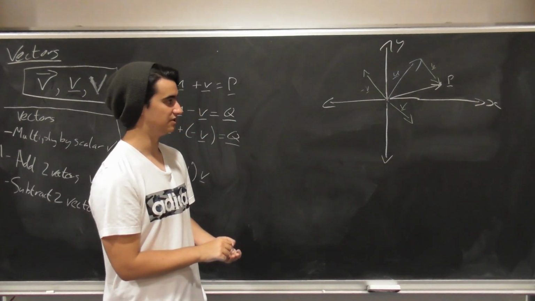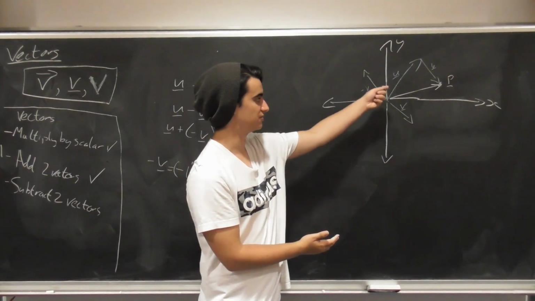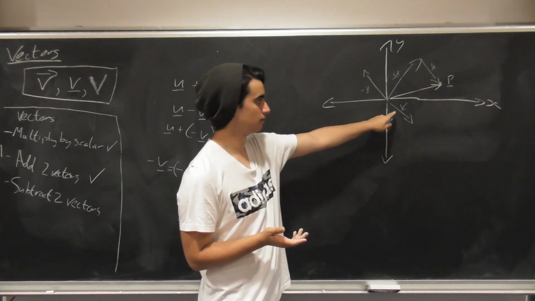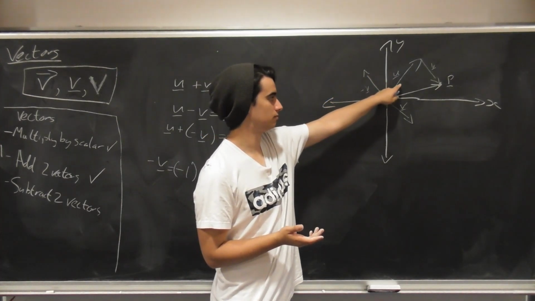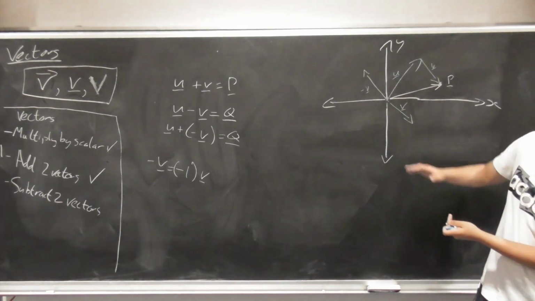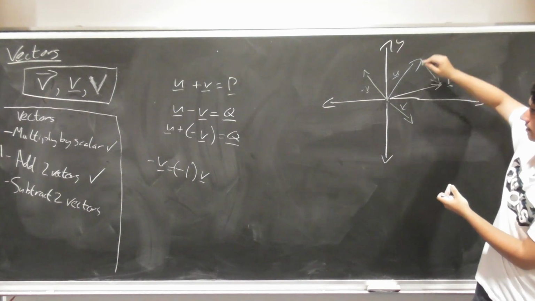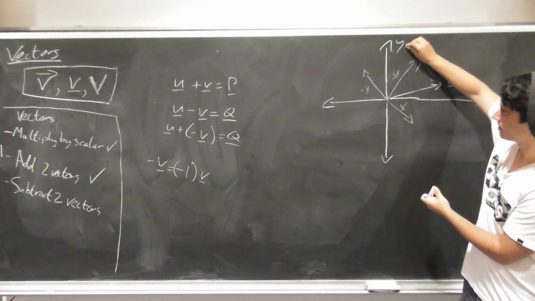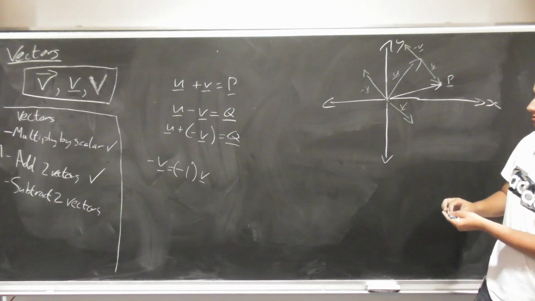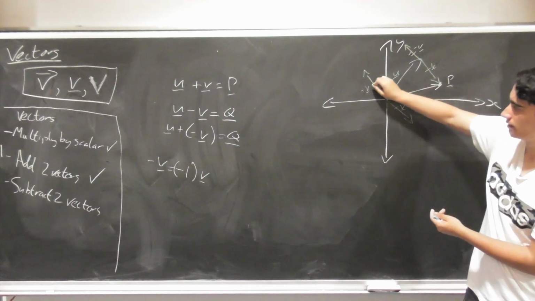So now we just need to do the same thing again, where we add two vectors together. So we have this minus v, this new vector that we've taken, and we want to add it with u. So not to make things too crowded, but we can move this up, just like we did with u here, and go along minus v instead of v. See, these are the same, and these are the same.